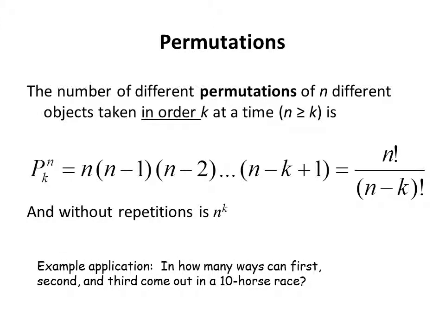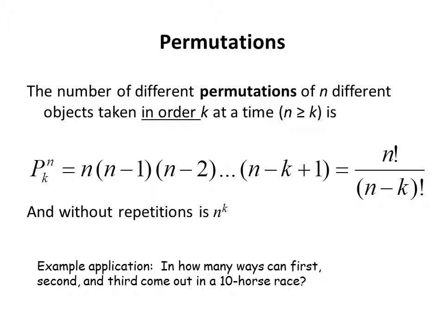An example of a problem involving permutations in this formula is, in how many ways can first, second, and third come out in a 10-horse race? So in this case of first, second, or third, order matters. So we're going to be taking 3 horses at a time out of 10 possible horses.